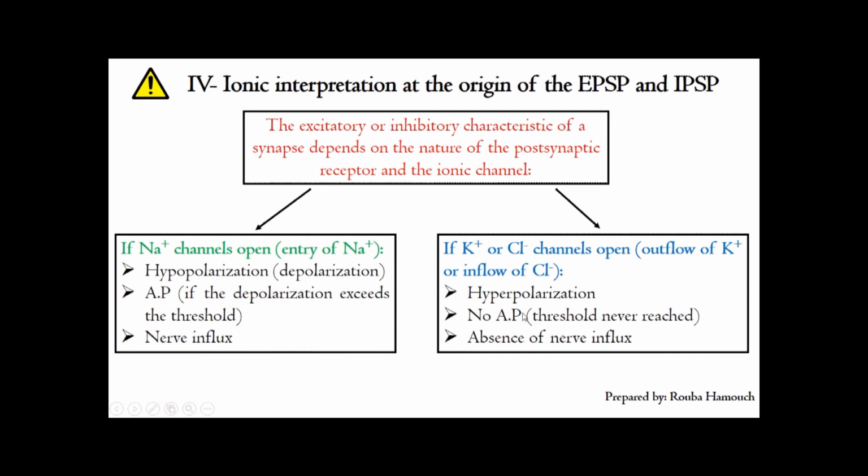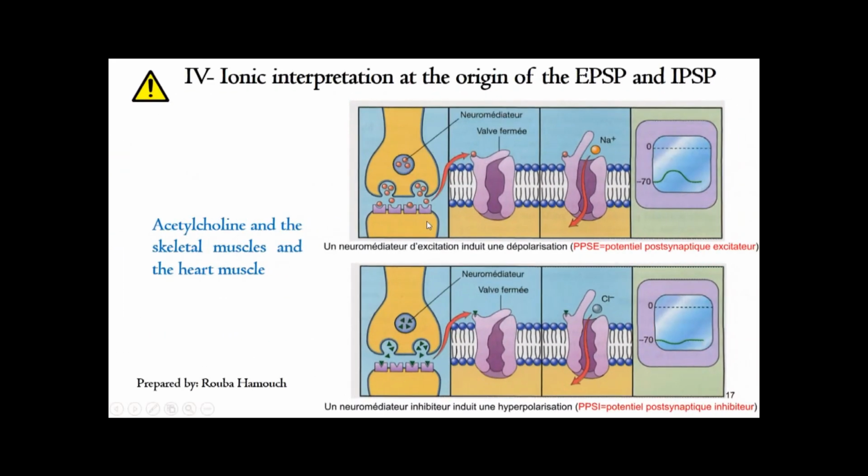So there is no action potential, thus the nervous message is not transmitted and the synapse is inhibitory. So this is the ionic interpretation at the origin of the excitatory and inhibitory characteristics of a chemical synapse.